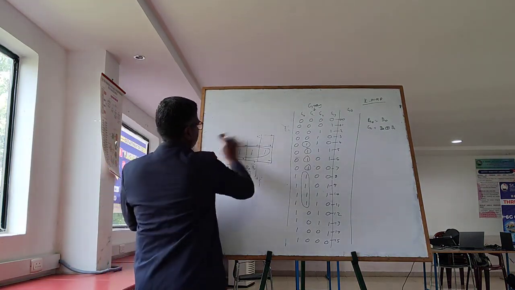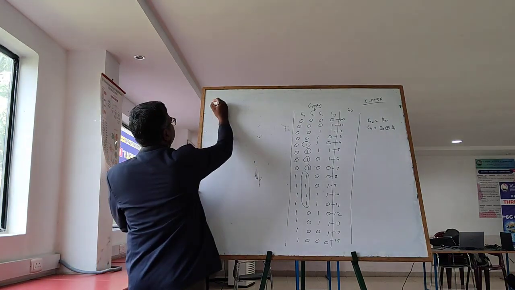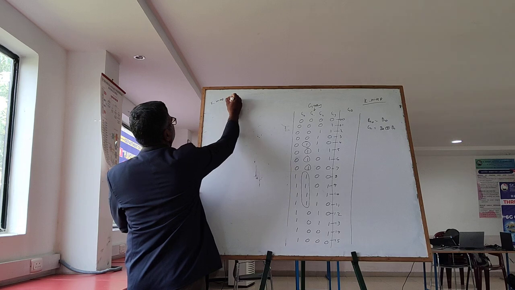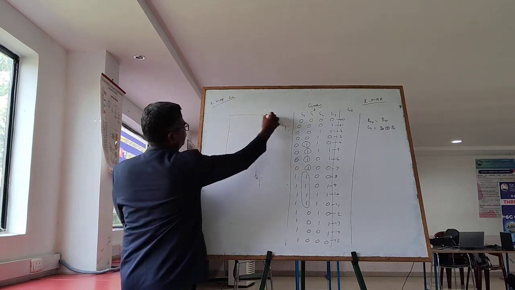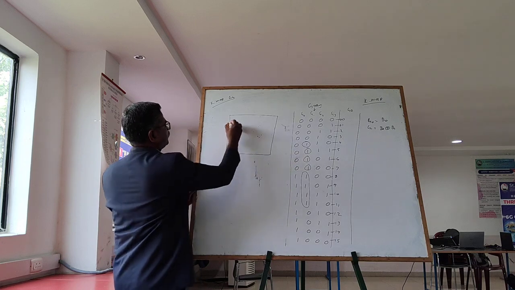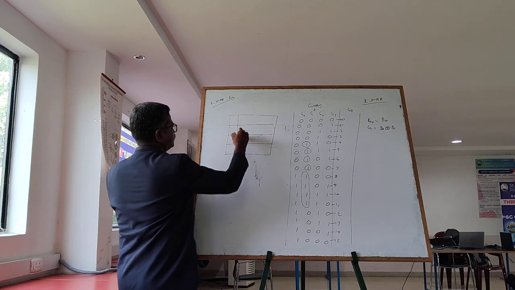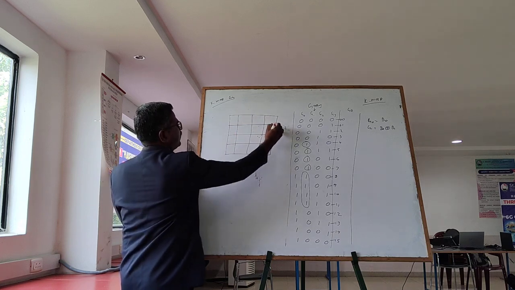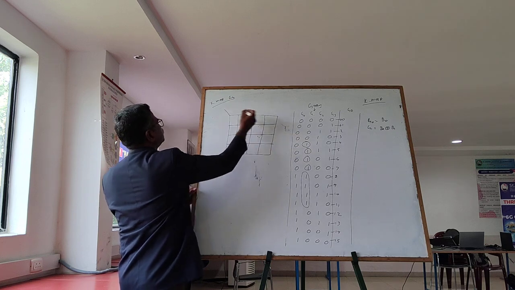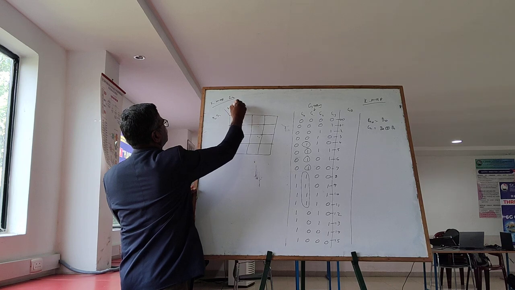So let me do the K-map again for G2. Again it is a 4-variable K-map. The same rules we have to follow for a 4-variable K-map. The inputs are B0, B1, B2, B3.